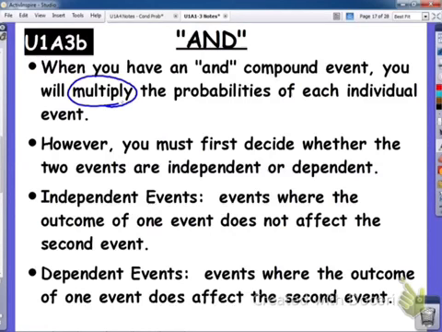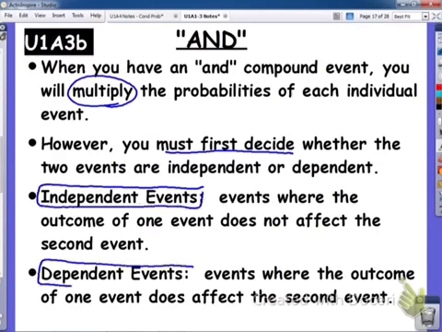However, you must first decide whether the two events are independent or dependent events.